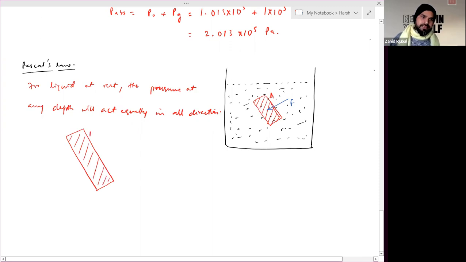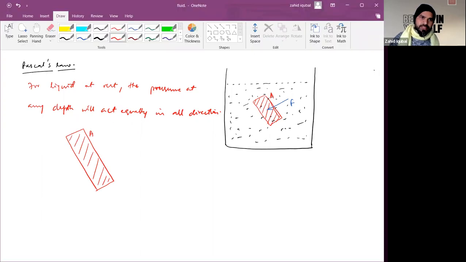Let's say this area is A on which a force is acting normally.